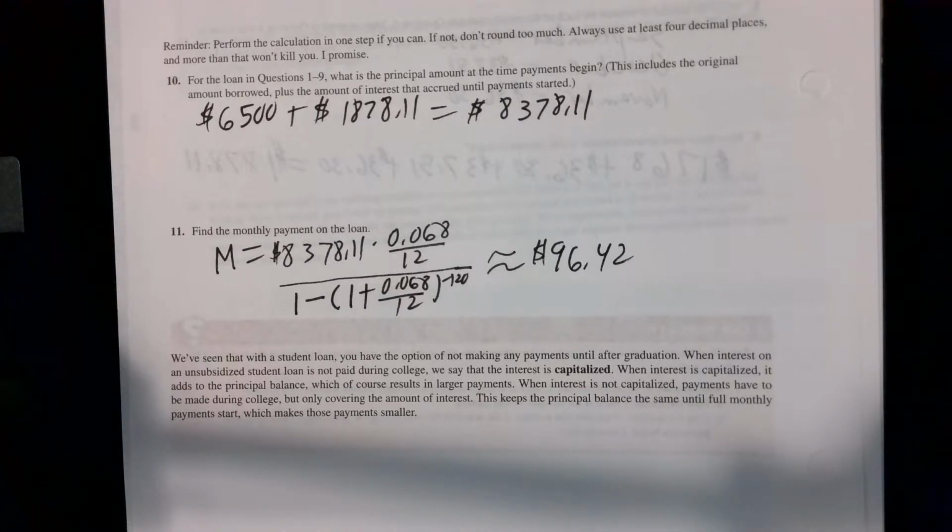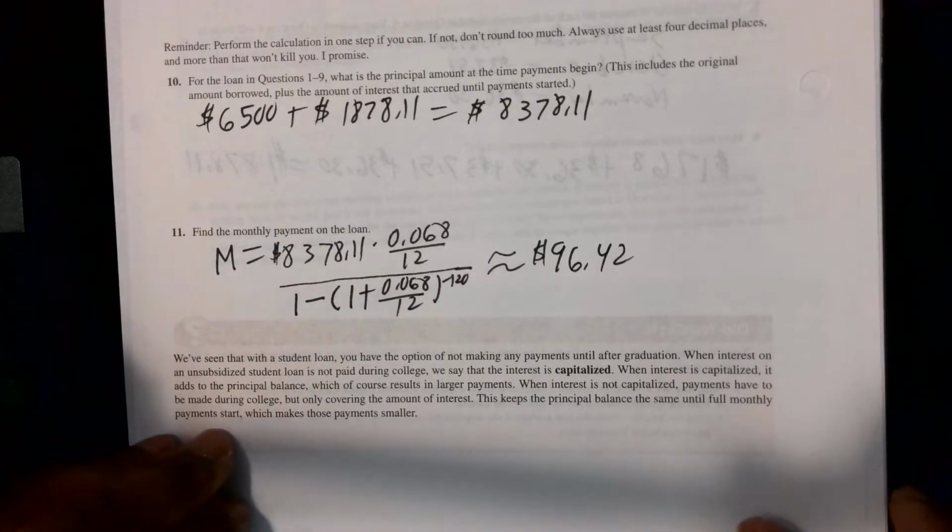When interest is capitalized, it adds to the principal balance, which of course results in larger payments. When interest is not capitalized, payments have to be made during college, but only covering the amount of interest. This keeps the principal balance the same until the monthly payments start, which makes those payments smaller.